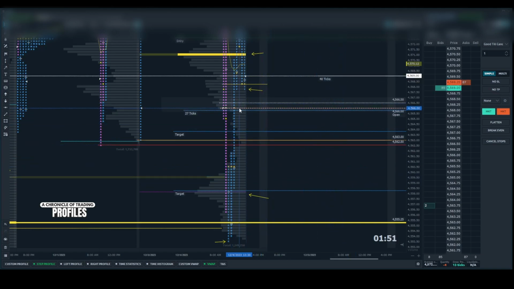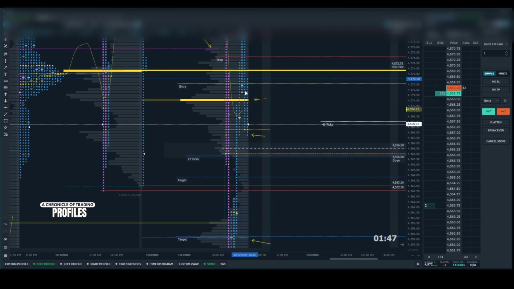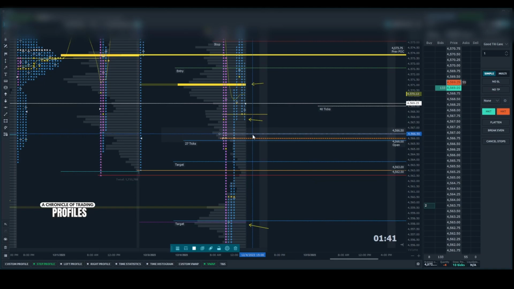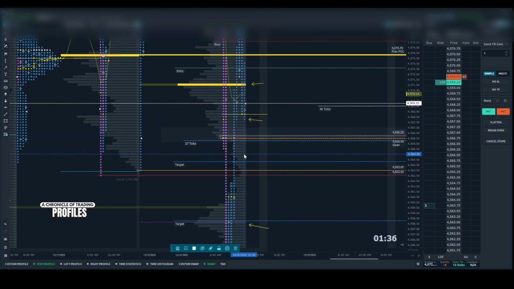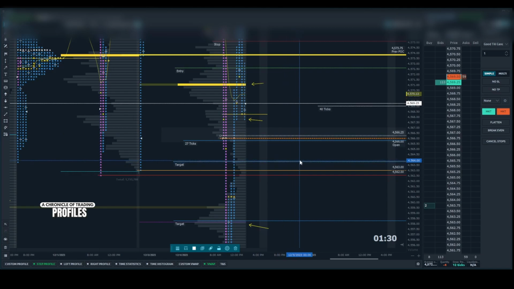If we can't get through here, there's a chance that this is just going to kind of go into basically a range here. So I'd like to see it cut right through this. The halfback is actually here, and this is also the open. So we need to get cut right through this. Otherwise, I think you take one, bring your stop down, possibly take the other one.